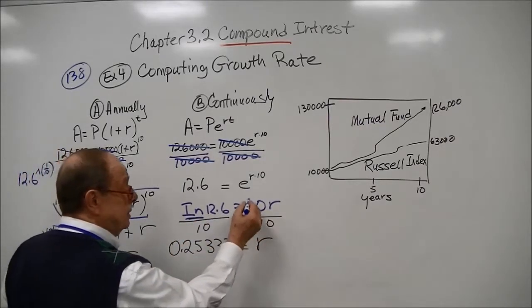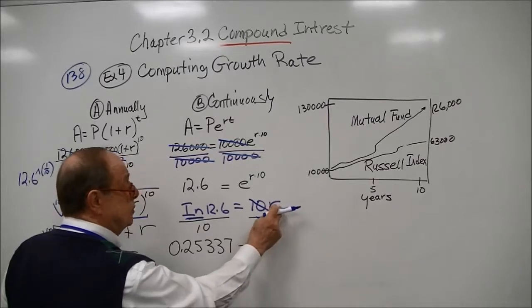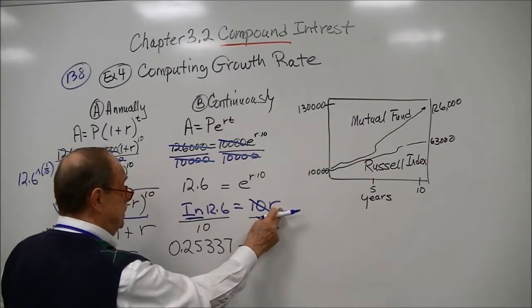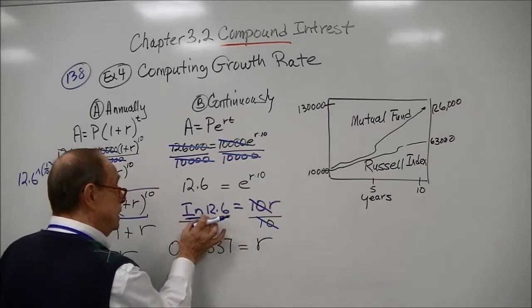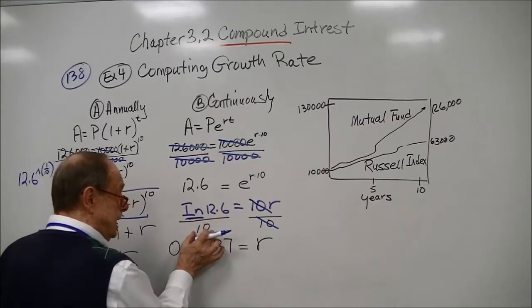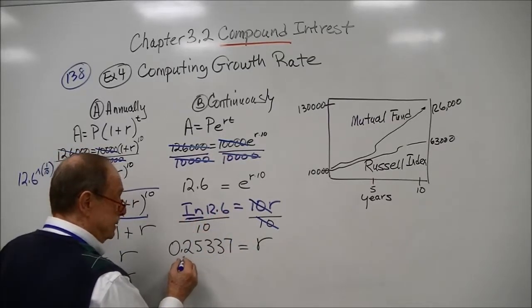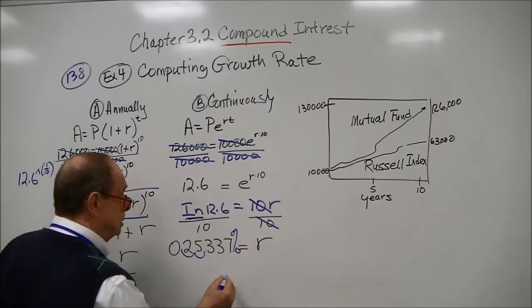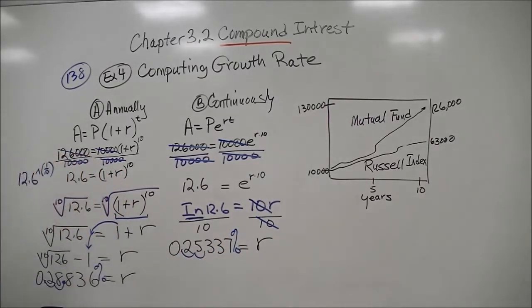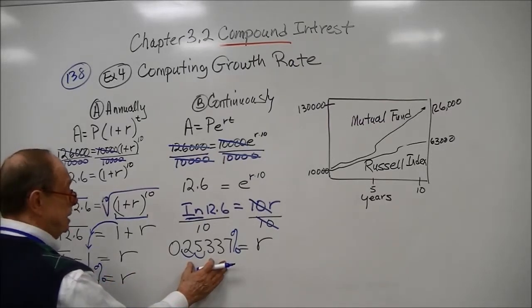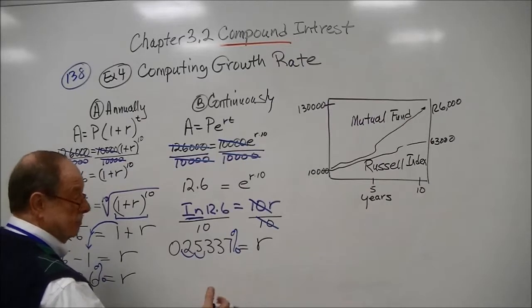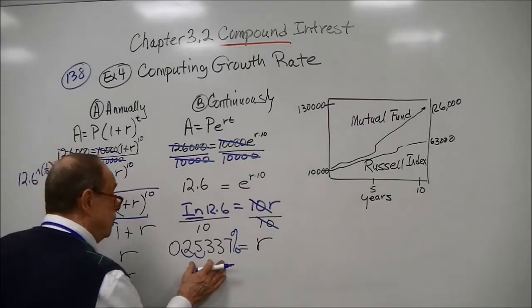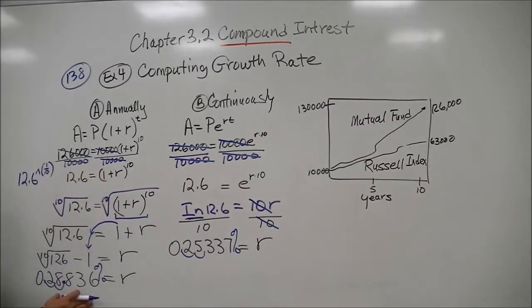And then here are the 10s, you're going to cancel out because you want the R by itself. And then you're going to take the inverse of this, divided by 10, and you get this, that you're going to change to a percentage by doing that. So notice if that's done continuously, the percentage is actually lower as opposed to doing it annually.